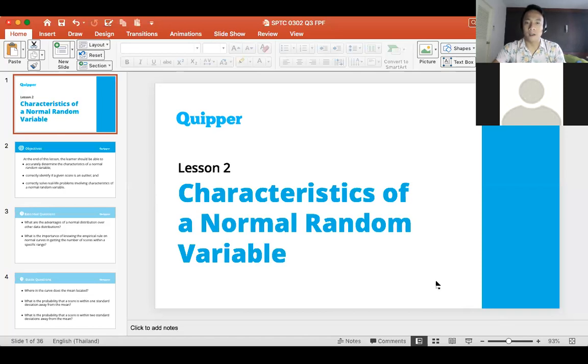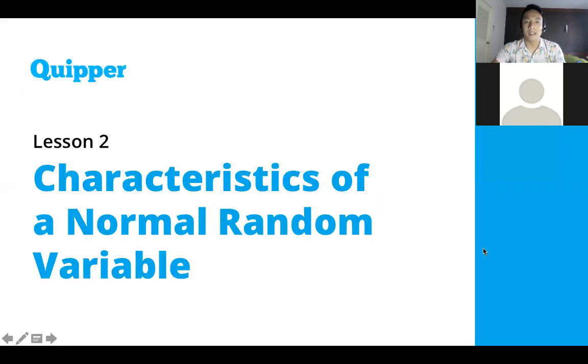Okay, so our topic for today is about the characteristics of a normal random variable. Last meeting we already started the normal random variable, and what is it? This is also called the continuous random variable. When you say continuous, it has numbers with decimals or fractions.